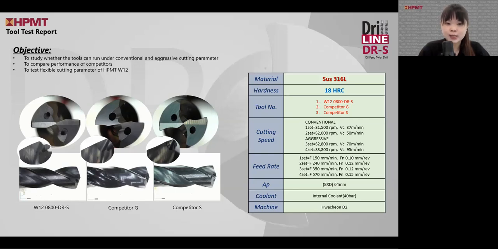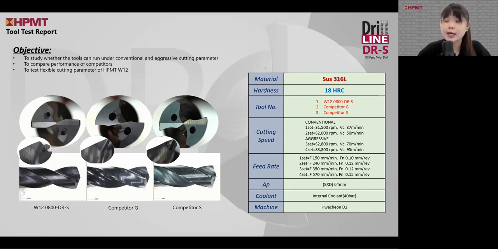So with these objectives, we came up with these two tests to drill on stainless steel 316L. The two competitors that we use for benchmarking are competitor G and S. This is considering we have customers worldwide. So we chose one cutting tool provider for drills that is pretty dominant in the Europe region, and another competitor that is pretty dominant in the Asia region.